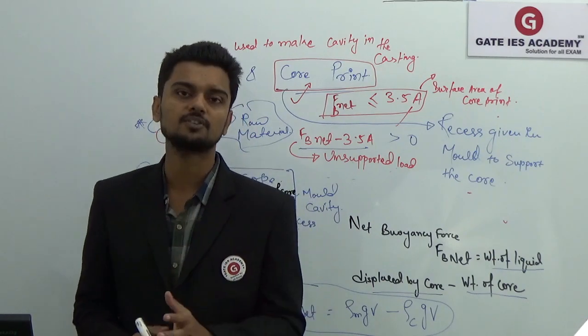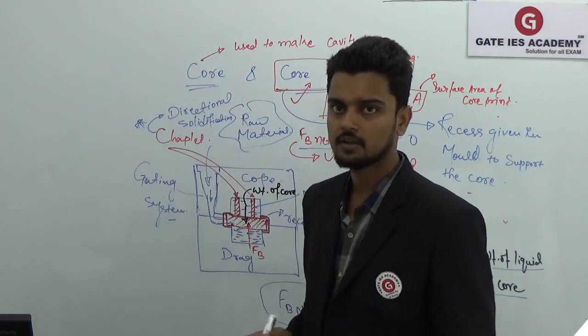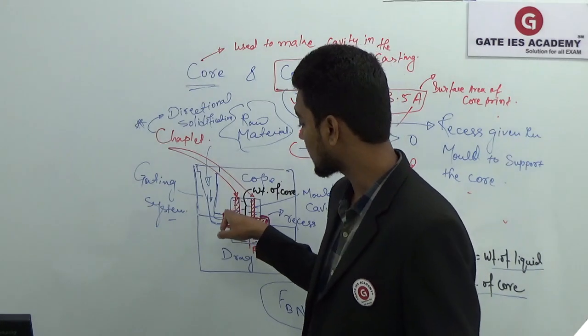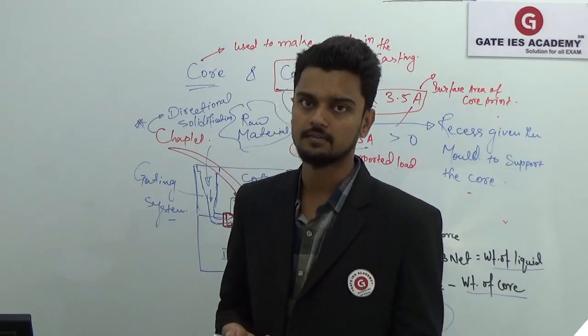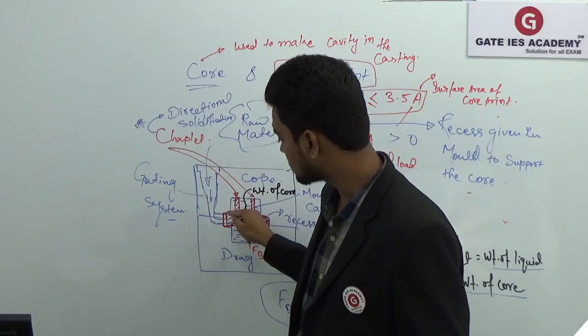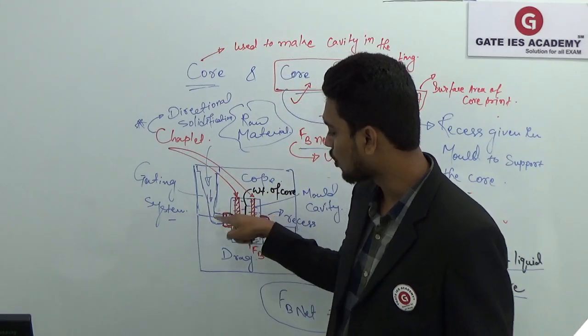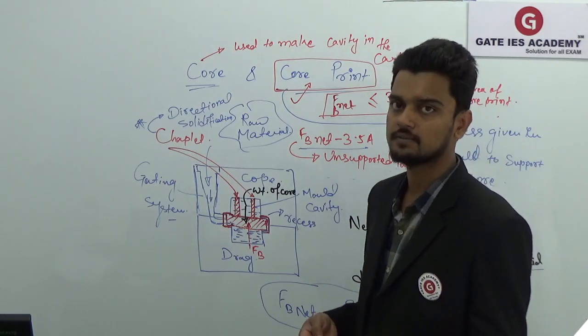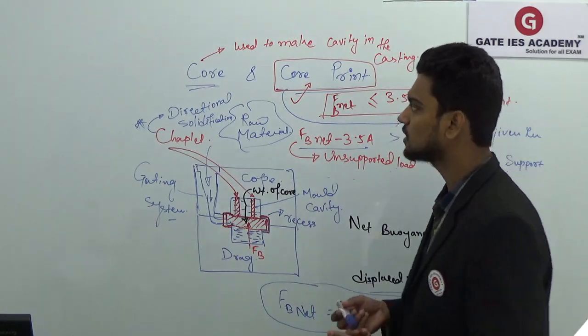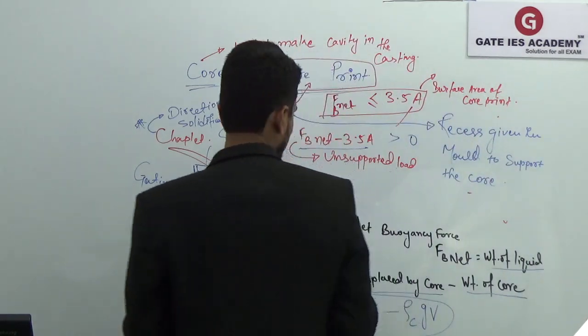That is the main purpose of the core print, and this core print, that cavity or recess, is made by using the pattern. The extra cavity that you are seeing in the mold is made by giving a projection on the pattern. Suppose we have to make a cube.